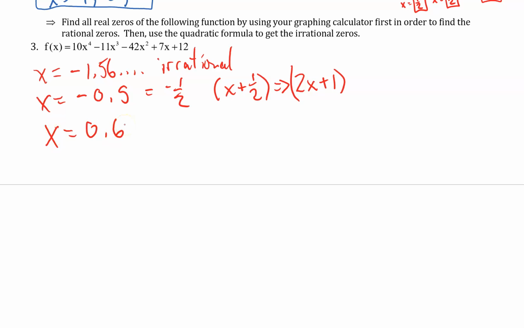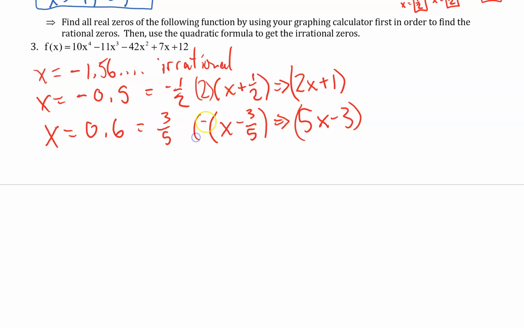Well, these are rational numbers, so it's either 6/10 or 3/5. So my factor for that would be x minus 3/5, or more likely 5x minus 3. This one would have to be multiplied by 2. This one had to be multiplied by 5 to be able to do that.